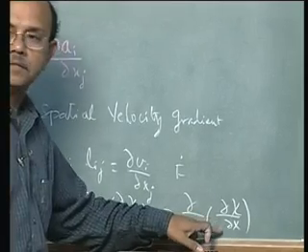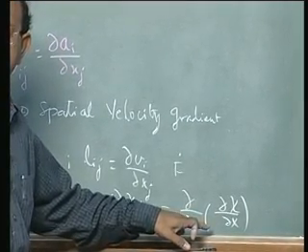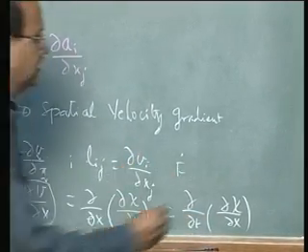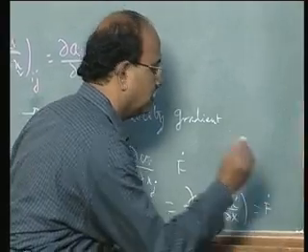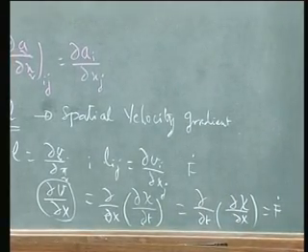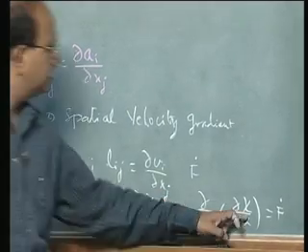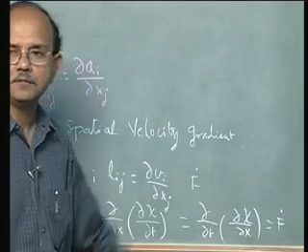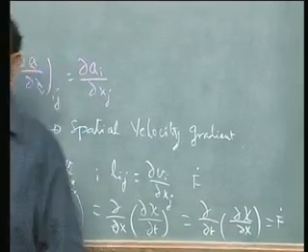So, what is this? F dot. What is F? This is F, dou by dou t of that. So, that is F dot.